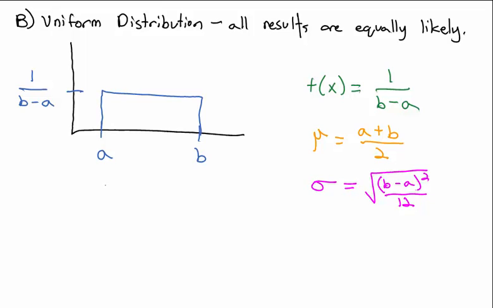Notationally, we represent the uniform distribution with the random variable x tilde, a capital U for uniform, and then A, comma B, the low, comma, high value. So let's see if we can use this information to calculate some probabilities with the uniform distribution.